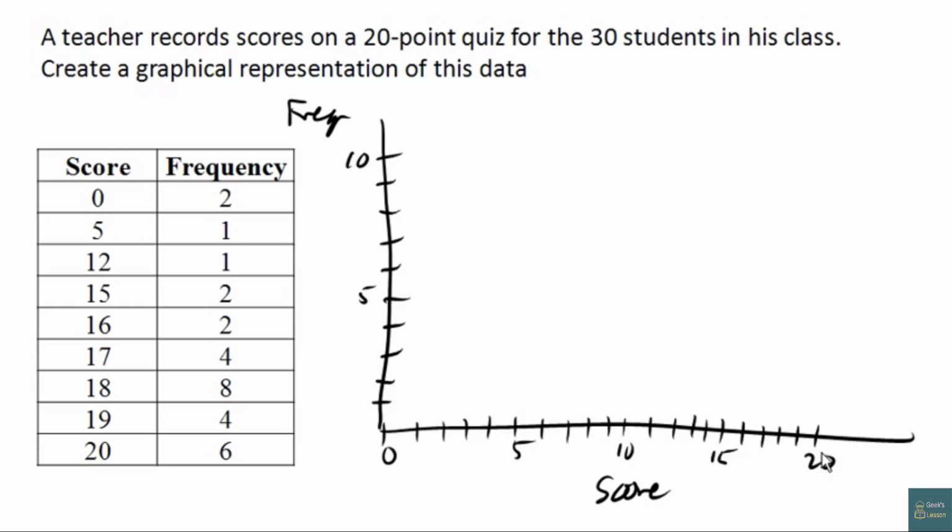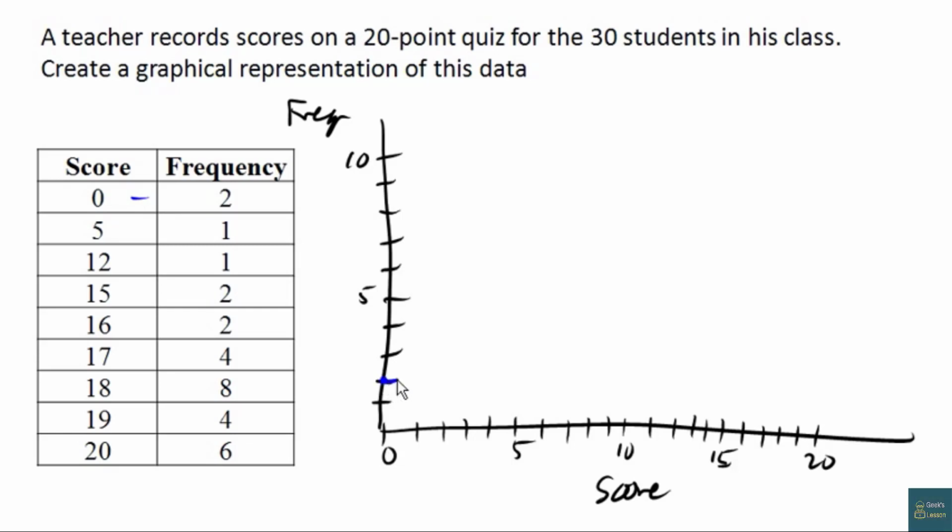And so now, for each of our scores, we're going to create a bar. And when we create a bar, the value on the left side of the bar is included, but we're not including the value on the right side. So for example, for a score of 0, our bar will start at 0 and go up to 1.